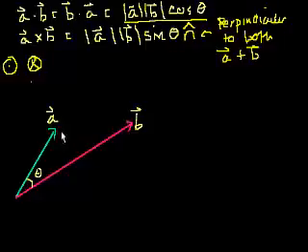Well, that's where you take your right hand and you use the right-hand rule. So you take your index finger in the direction of A, your middle finger in the direction of B, and then your thumb points in the direction of N. So let's do that. It's actually not an easy thing to do with your right hand, but your right hand is going to look something like this.